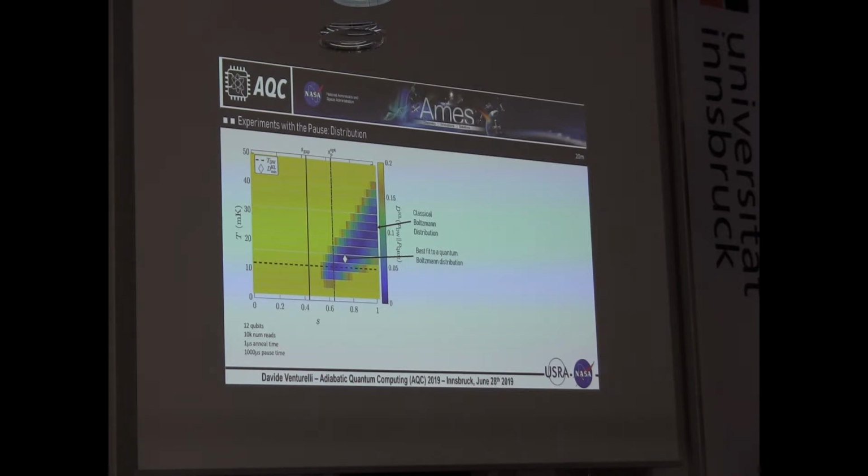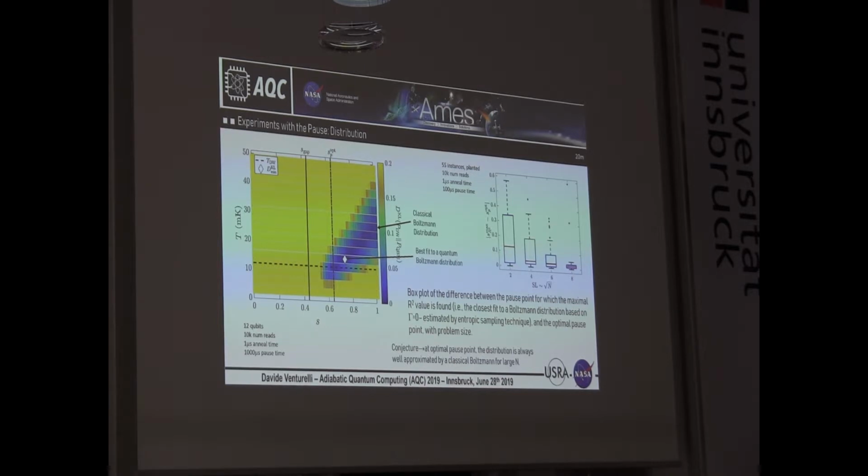A Boltzmann distribution, which is at the transverse field corresponding to the pause location, where you paused, and the temperature corresponding to the nominal temperature of the machine. So it seems like somehow that we are statistically sampling from the problem Hamiltonian which corresponds to the pause where we stop. However, we could also fit well the statistics with the classical Boltzmann distribution at a higher temperature, which is also useful for sampling applications.